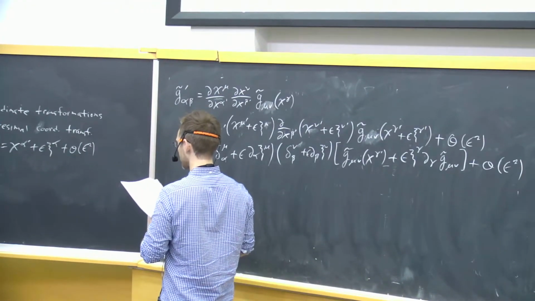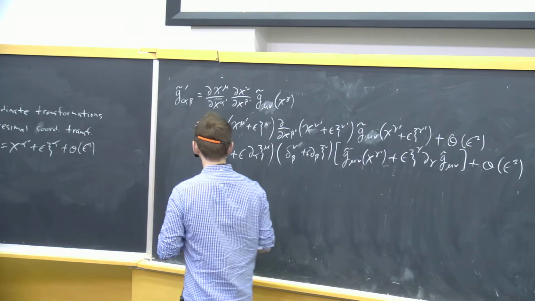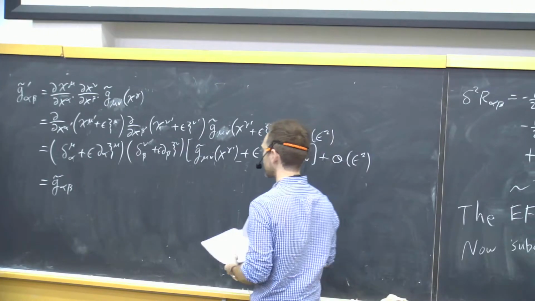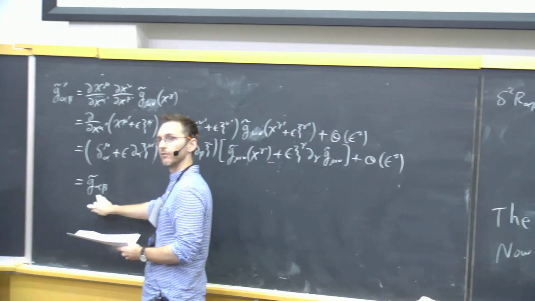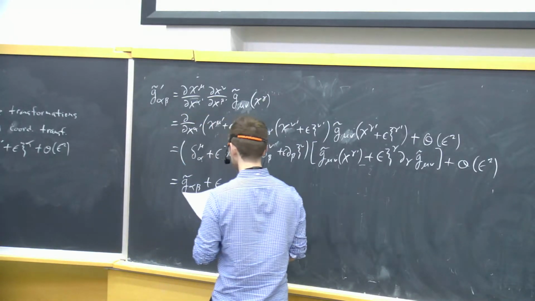So when we multiply the two Kronecker deltas times this g tilde, we just pick up a g tilde alpha beta. And then we have a bunch of linear terms.